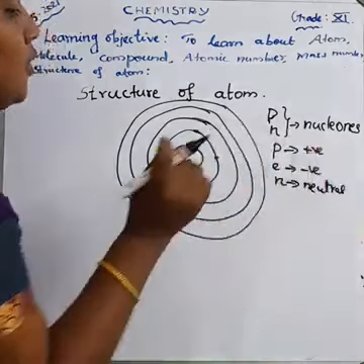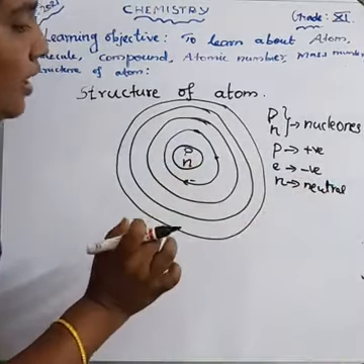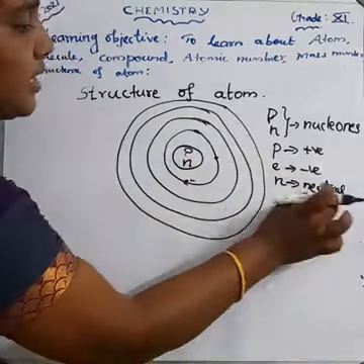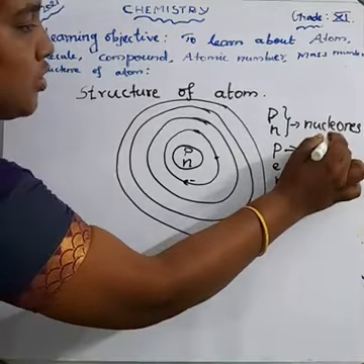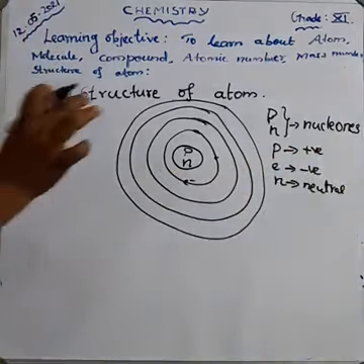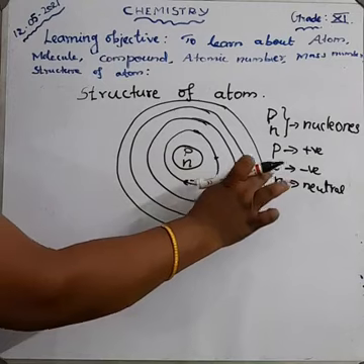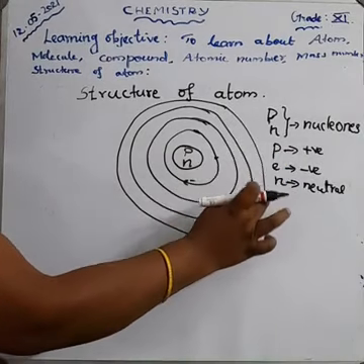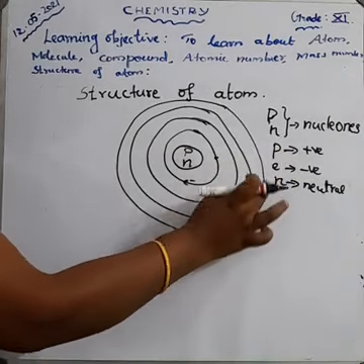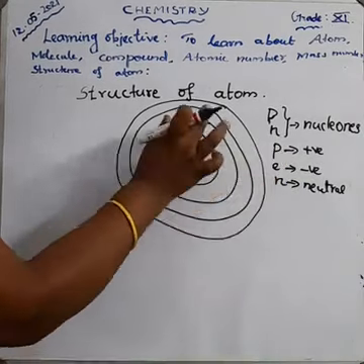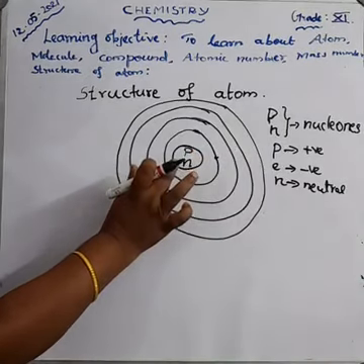Neutrons have no charge. These are the charges of the particles of the atom. So proton, neutron and electron we call the fundamental particles of an atom.